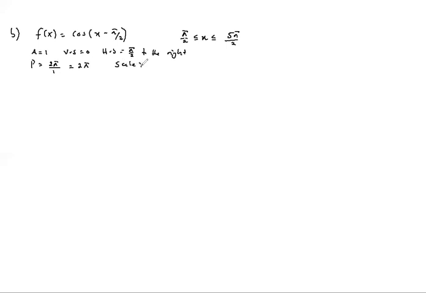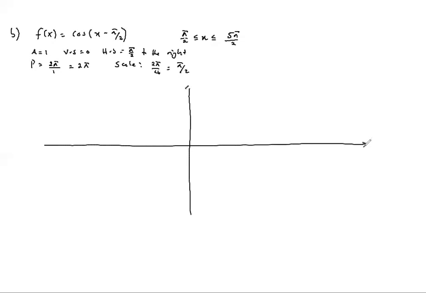And then I bring the scale, which is period over 4, which is pi over 2. So again, we are able to sketch the same: pi over 2, pi, 3 pi over 2, 2 pi, 5 pi over 2.